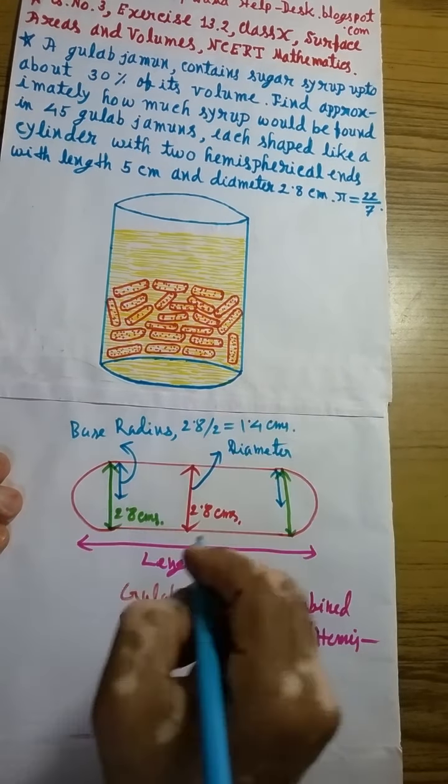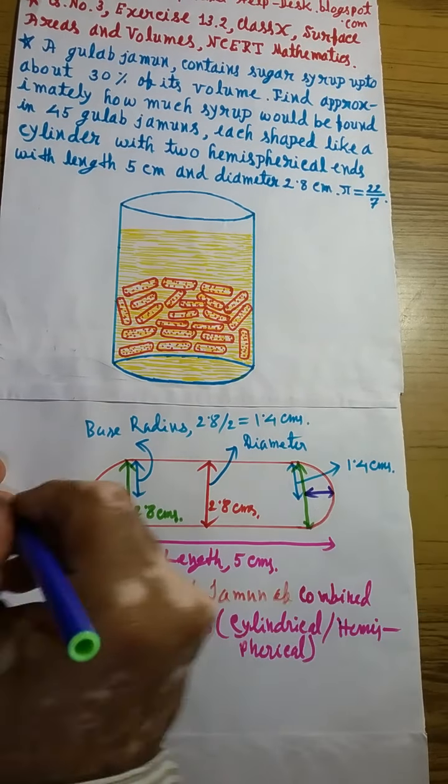After this, let us show the perpendicular length or height or radius of the two hemispherical parts.